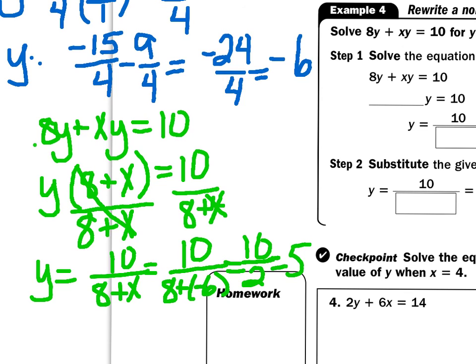Alright, so remember that little trick. If you have the same variable in both terms and they're not like terms, you need to factor out that variable before you start. So go ahead and do the 2 checkpoints at the bottom.